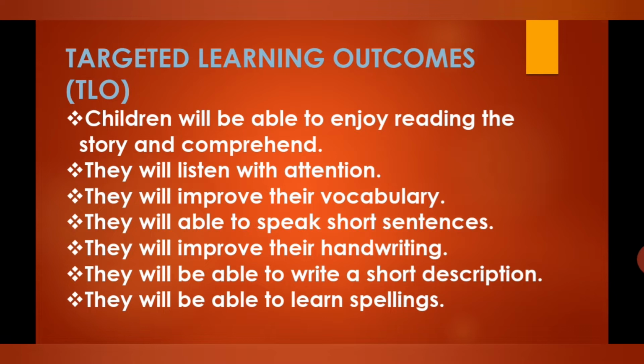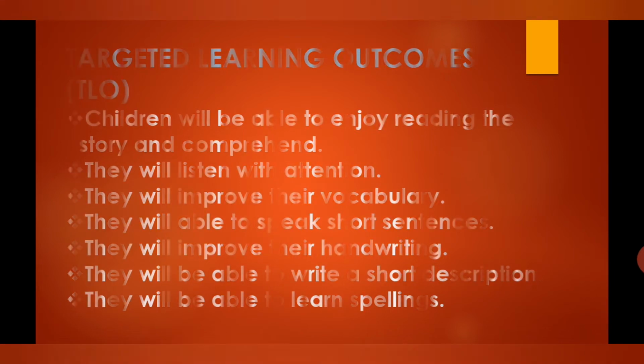They will listen with attention. They will improve their vocabulary. They will be able to speak short sentences. They will improve their handwriting. They will be able to write a short description, and they will be able to learn spellings. So now let's begin with the story.